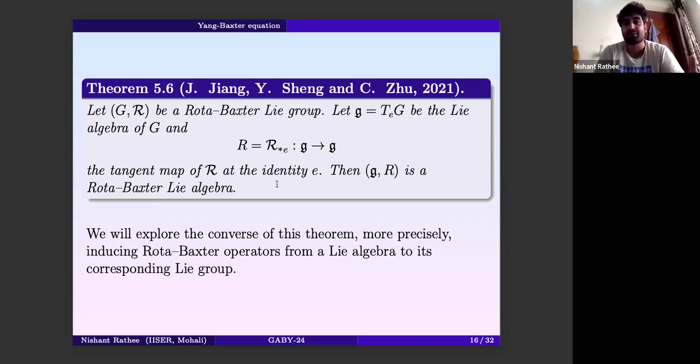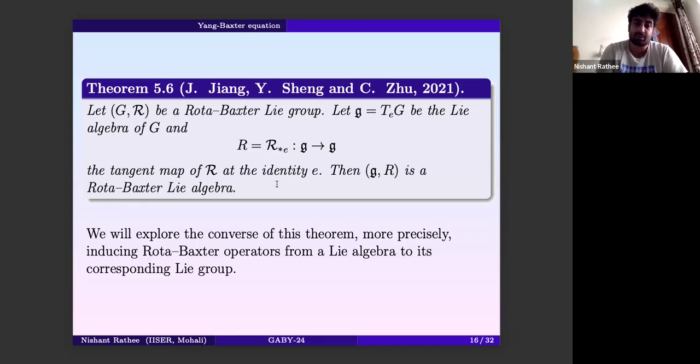Suppose you have something over a Lie group, you differentiate and induce it over its Lie algebra, like homomorphisms or representations. But the converse we can do only in some rare cases, more precisely, I think, in the simply connected case. So in the simply connected case, you can go back. Suppose we have something over a Lie algebra, you can induce it over the Lie group, and that's what we're going to do here.